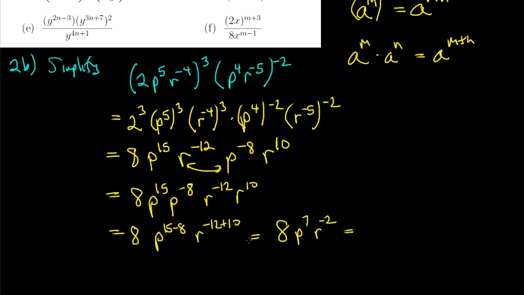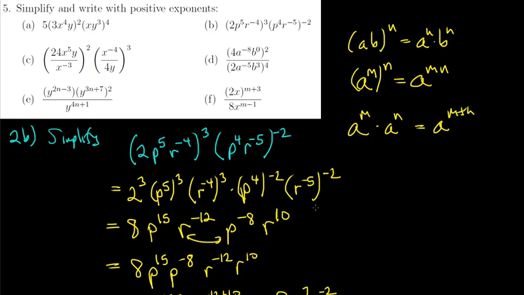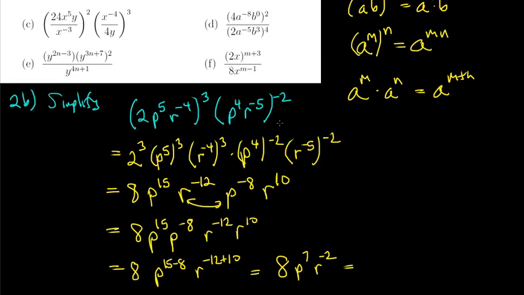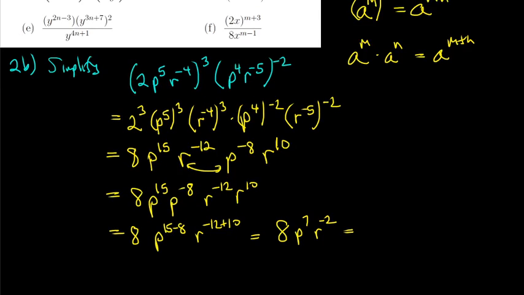And that's pretty much it, except remember, it says write with positive exponents, and negative 2 is not a positive exponent. So the rule there is when you have something to a negative exponent, it doesn't mean it's negative, it just means you take the reciprocal.